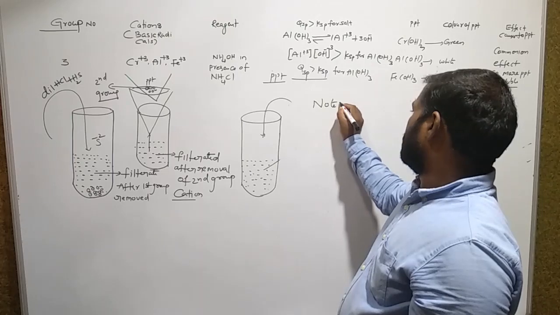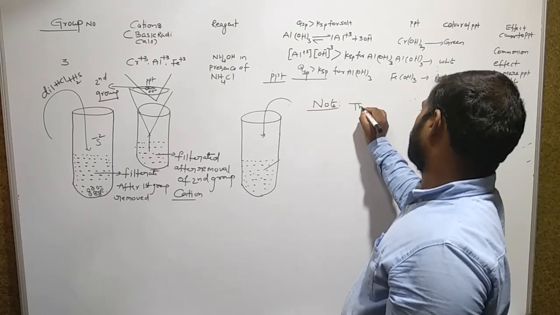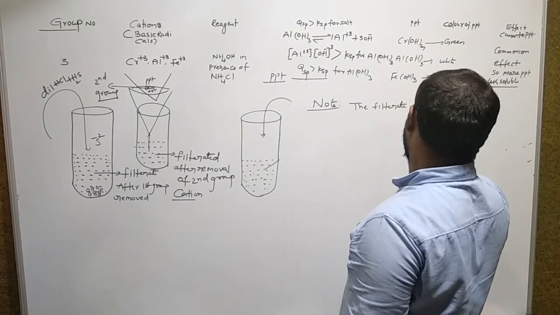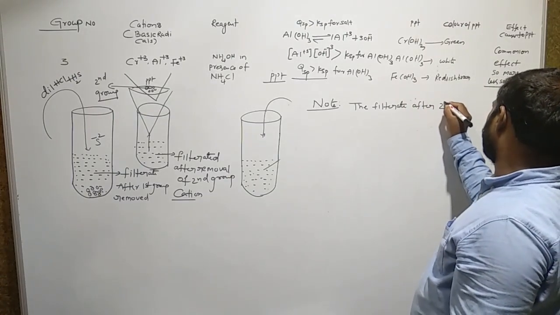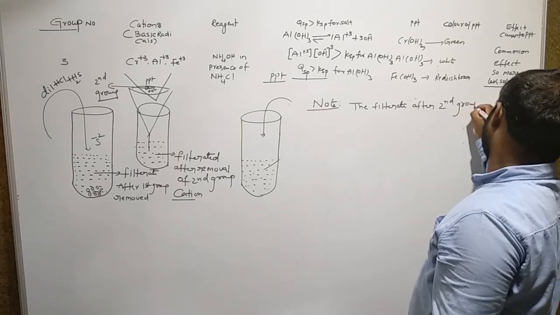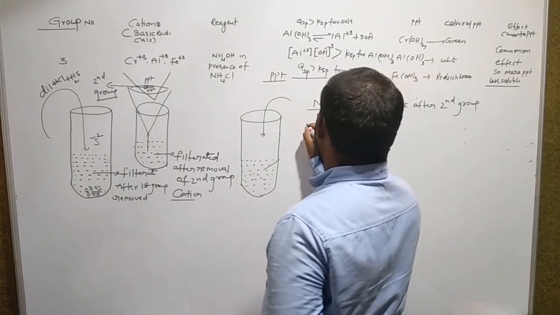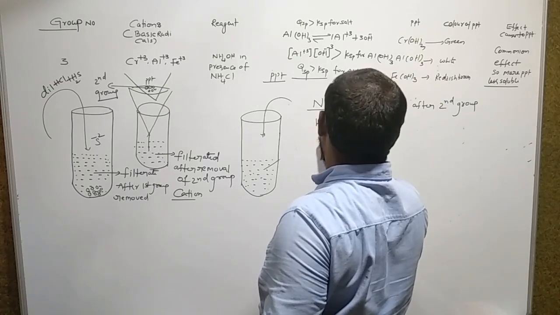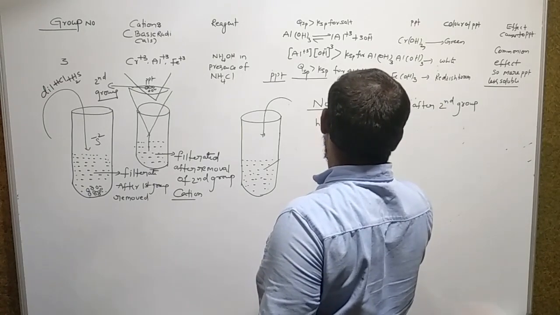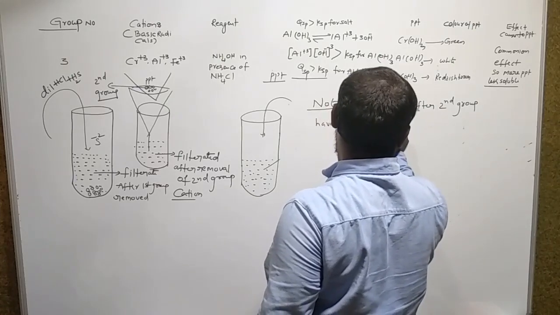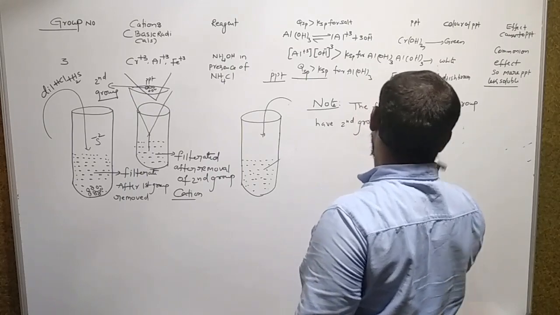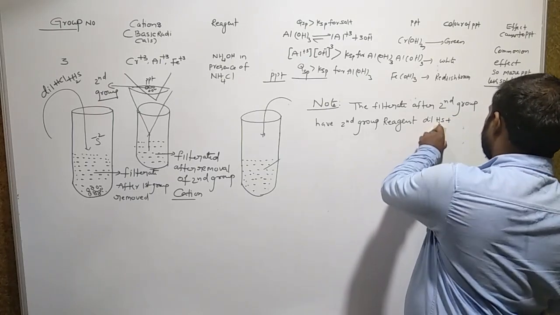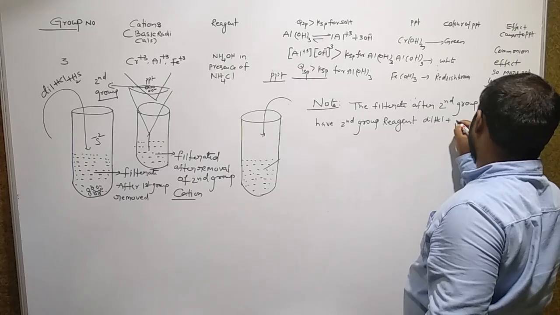Note. The filtrate after the second group has the second group reagent, dilute HCl and H2S.